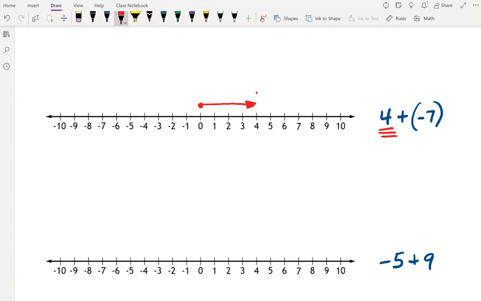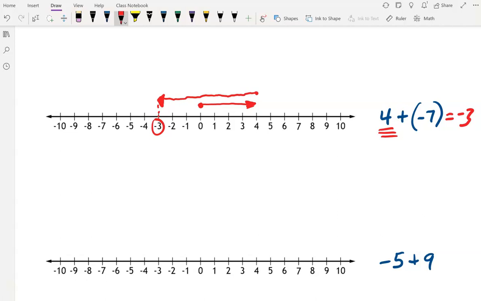So when we add negatives, we're working to the left on our number line. 1, 2, 3, 4, 5, 6, 7. Counting our numbers as we go, and if we have 4 plus negative 7, we have now ended at negative 3. So 4 plus negative 7 is negative 3 indeed.